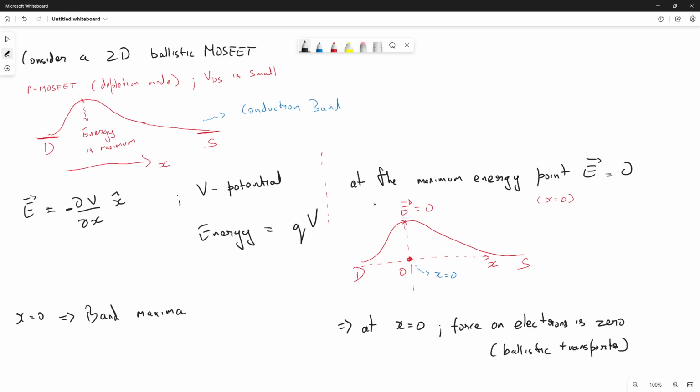Because this band diagram we arrived at by essentially considering an NPN junction. Whatever we have drawn here is not only true for a MOSFET, it is also true for a BJT and a JFET. This band diagram picture is true for any kind of transistor that you can think of.